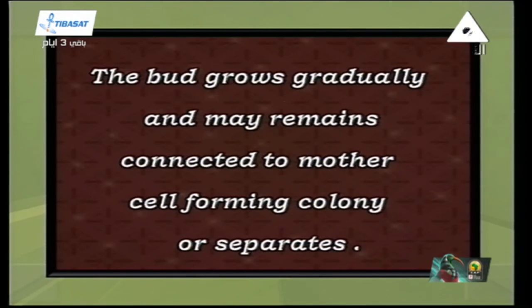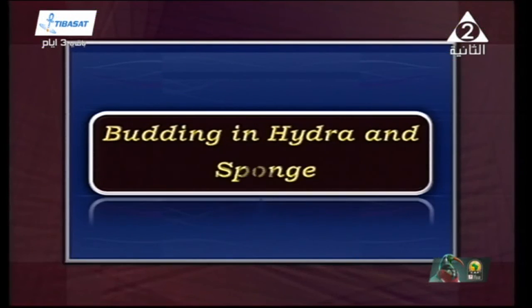And what else do we have after that? We said binary fission, budding, and also budding in hydra and sponge. But what is the difference between them? Hydra and sponge are multicellular living organisms, while yeast fungus is a unicellular living organism.